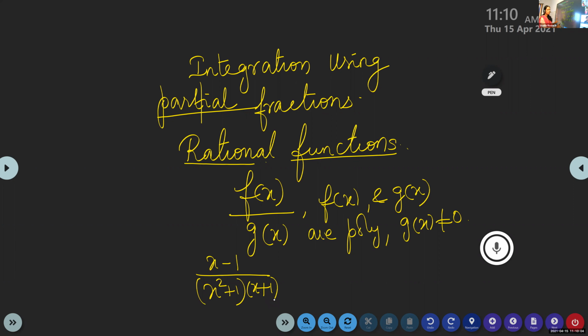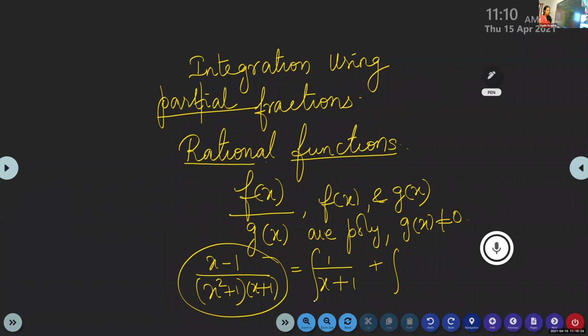We are going to split this. We are going to make it into parts, that is, split it into smaller terms, for making integration simpler. How to split this? We'll be learning many methods.